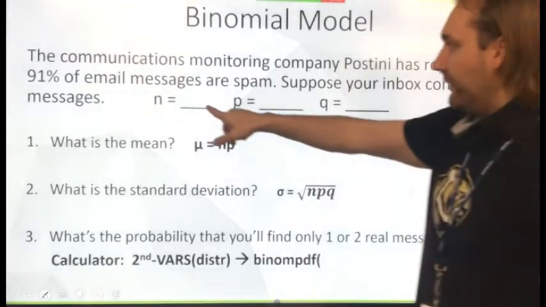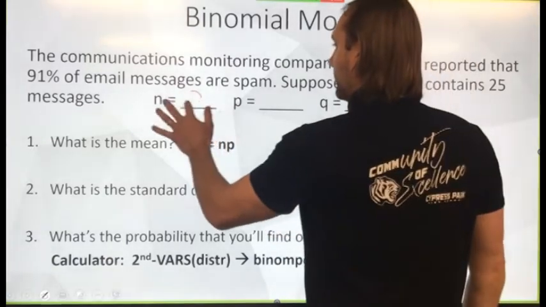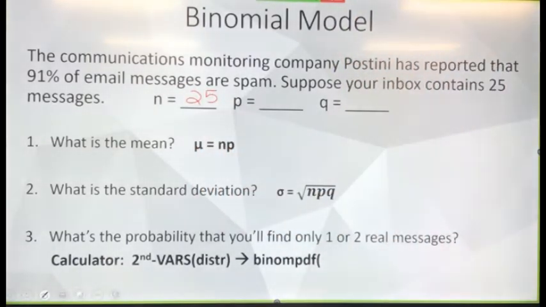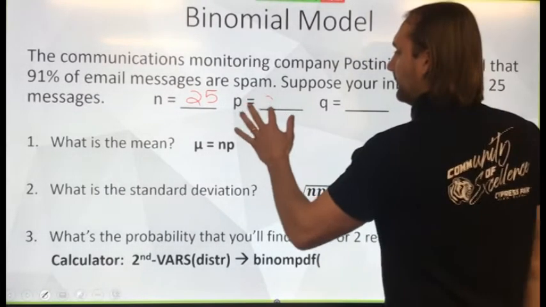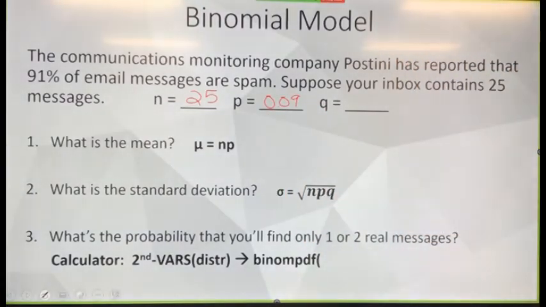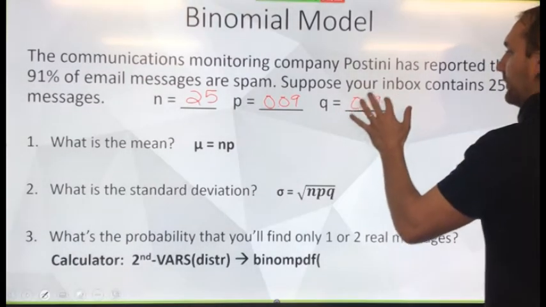So my n value is going to be what? How many trials? 25. My p, my probability to get a good email, is what? 0.09. And q, my failure, my probability of getting spam, is 0.91.